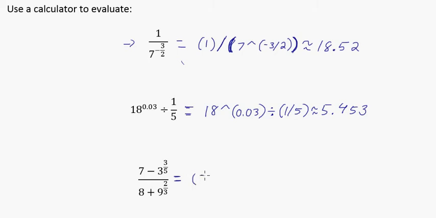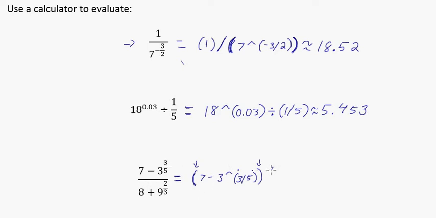That's open parentheses 7 minus 3 raised to the 3/5 close parentheses. So this set of parentheses here and terminating here is for the numerator, and these parentheses here and here are for the exponent.